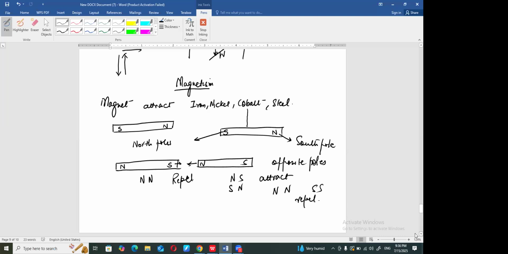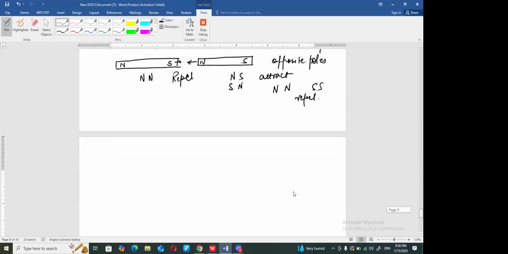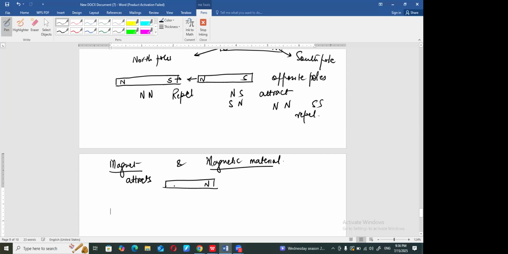Now, once you understand this small concept, you need to understand one more thing. There is a small difference between a magnet and a magnetic material. A magnet is a thing that attracts. A magnetic material is a thing that is being attracted, right? So what is the difference? For example, this is a magnet having a north pole here.